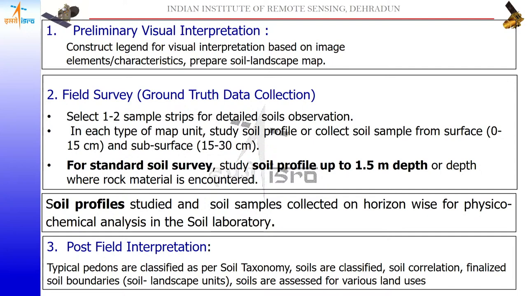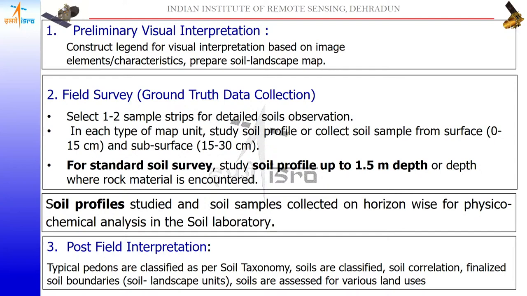For a standard soil survey map, you have to study the soil profile up to 1.5 meter depth, or up to the parent material. And when you study the soil profiles, then you analyze the soils in the laboratory to get knowledge about the physical and chemical characteristics of the soils.